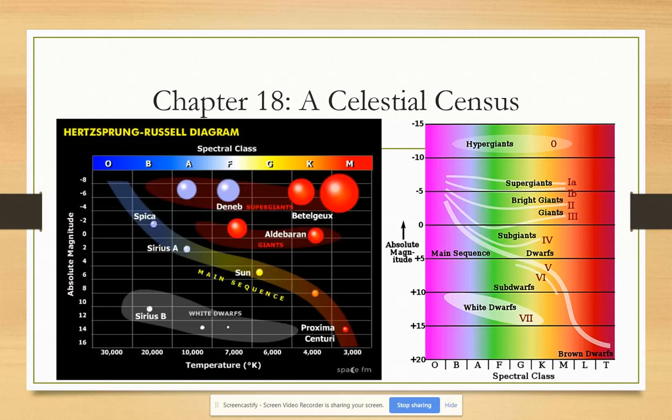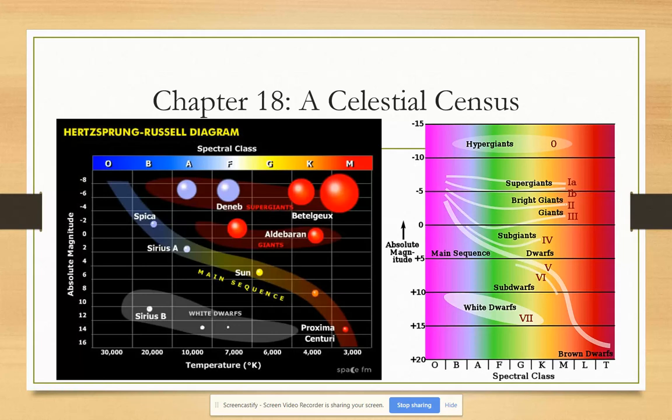What's special about this main sequence? What's going on in the star on the main sequence? You have hydrogen fusing into helium in the core of the star. That's what's going on in the main sequence.